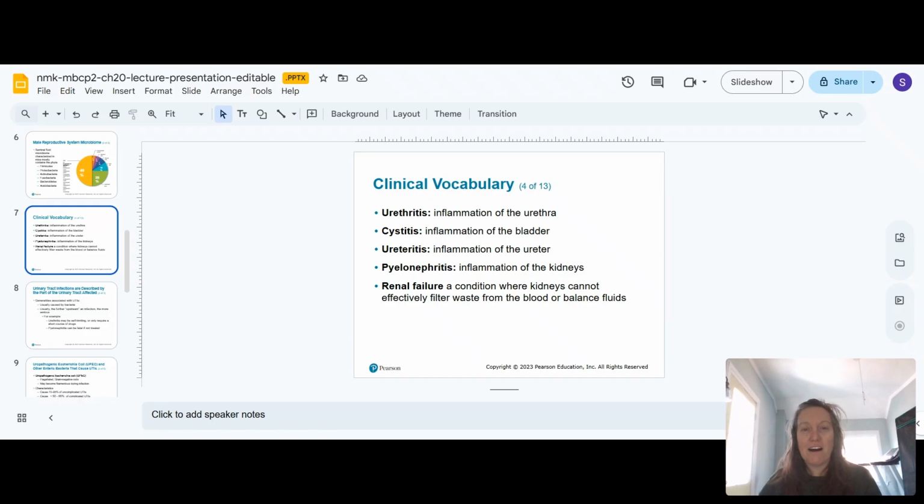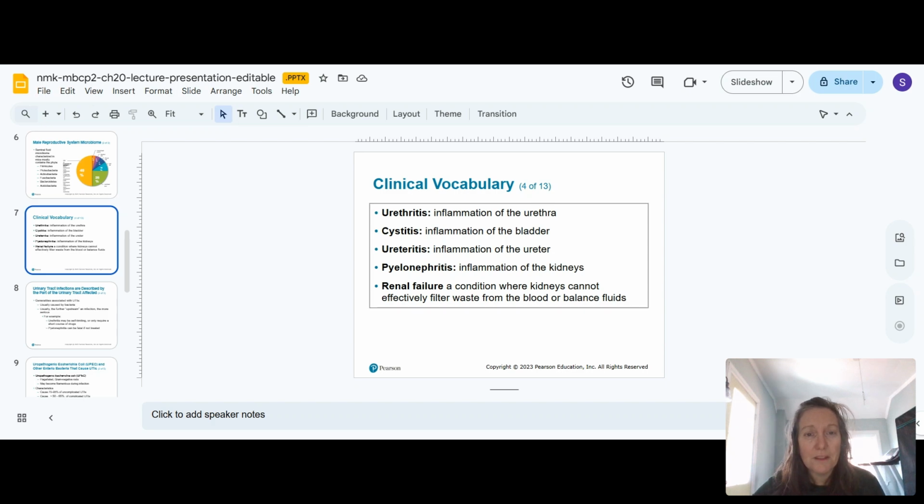Renal failure on here is a condition where kidneys can't filter waste effectively or balance fluids, and can't filter the blood. That would be an extreme version of an infection of the urinary system, when the infection gets all the way up to the kidneys.